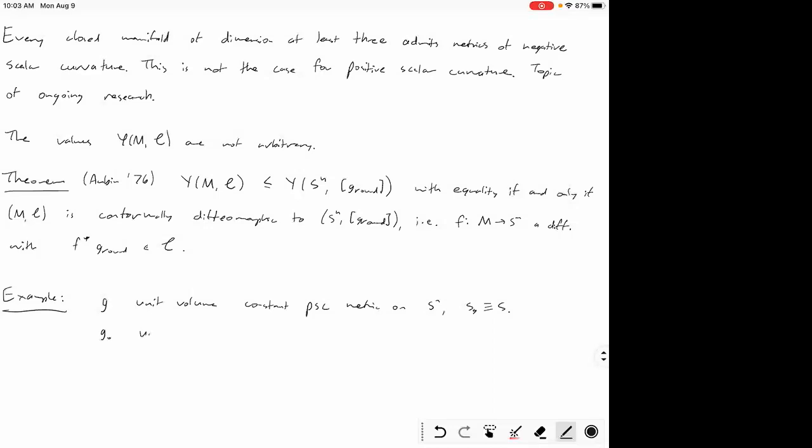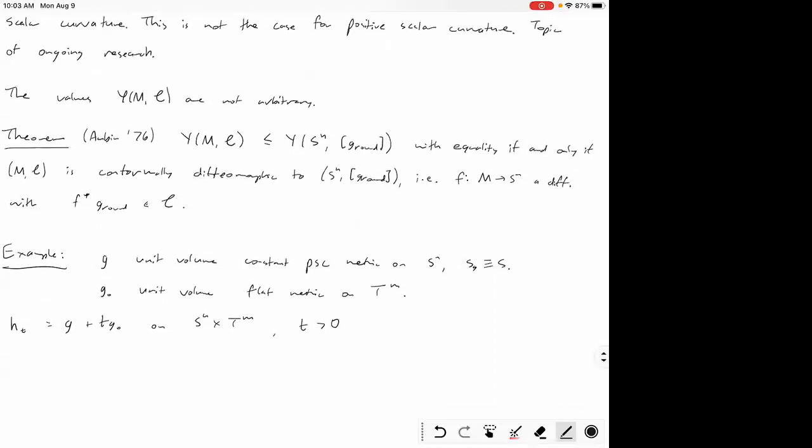And I take g_0 to be a unit volume flat metric on T^m, the m-torus. Then I let h_t be g plus t g_0 on this product manifold. So I have a family of metrics, where t is positive, on the product of a sphere with a torus.